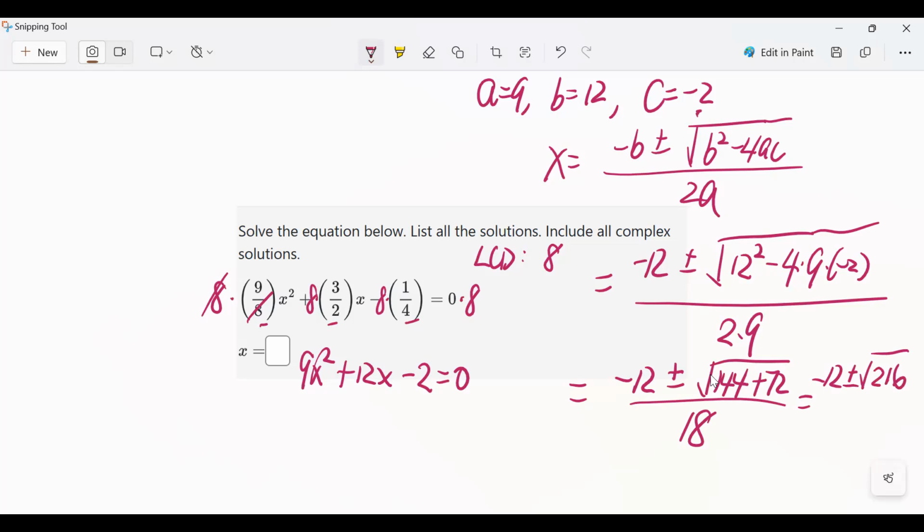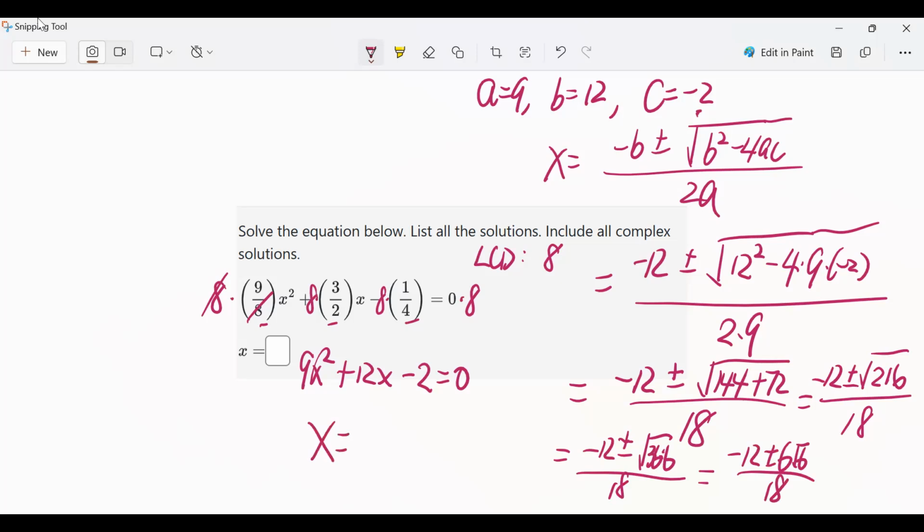And you get -12 plus or minus radical 216. 216 is 36 times 6. Then we get -12 plus or minus radical 36 times 6, over 18. So we have -12 plus or minus 6 radical 6 over 18, and reduce each one of them by 6.